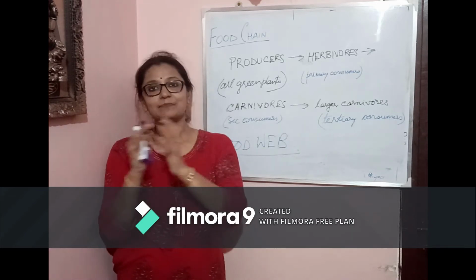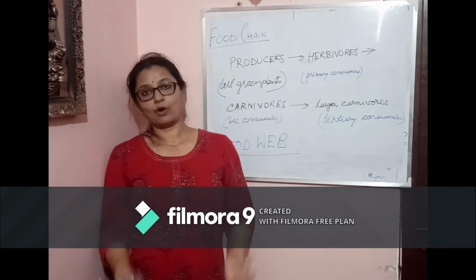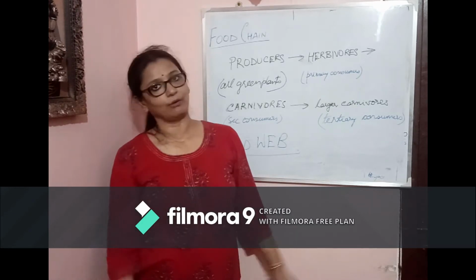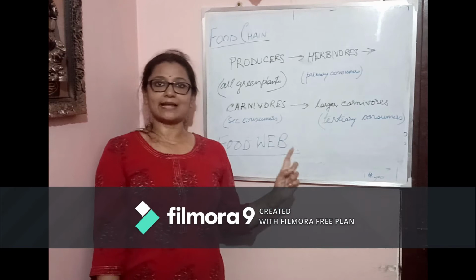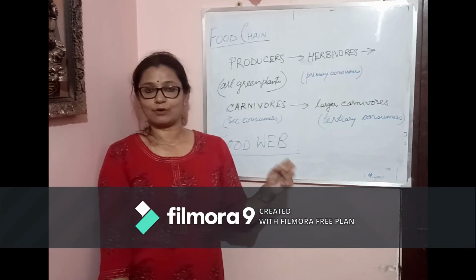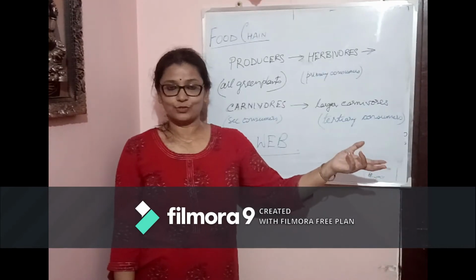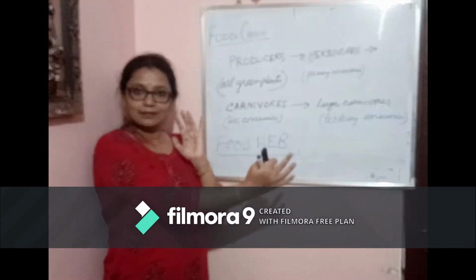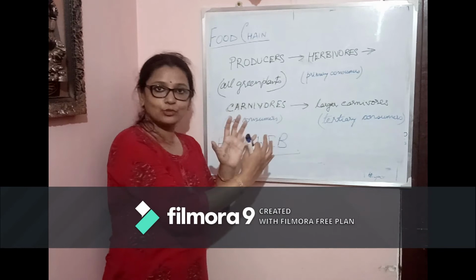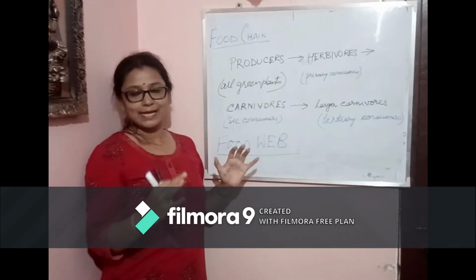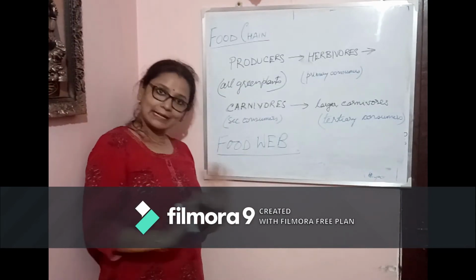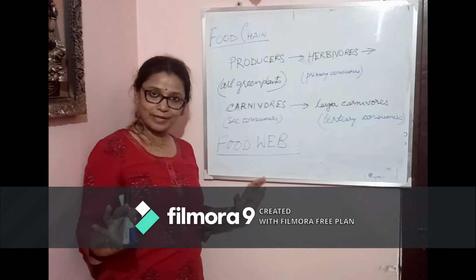This rat is being consumed by an eagle, or it may be a snake, or maybe a dog. Each of these animals, like eagle or a snake or a dog, is again consumed by other carnivores. So these are the different food chains. They are connected together and forming a web. This is a food web. Clear?